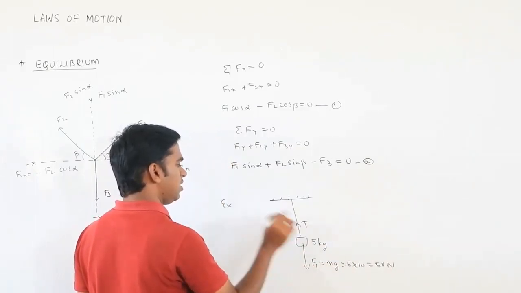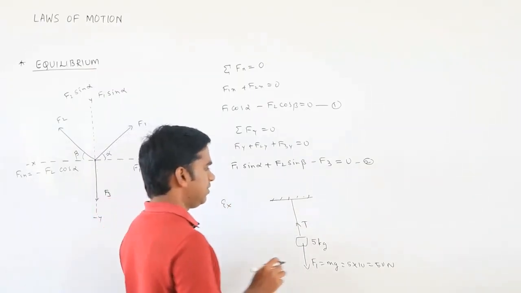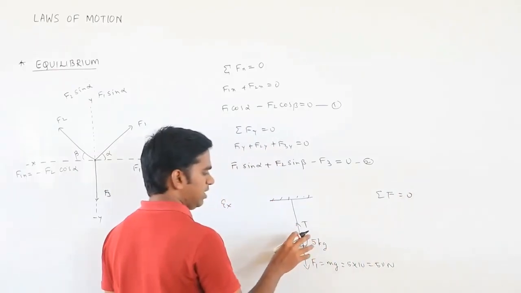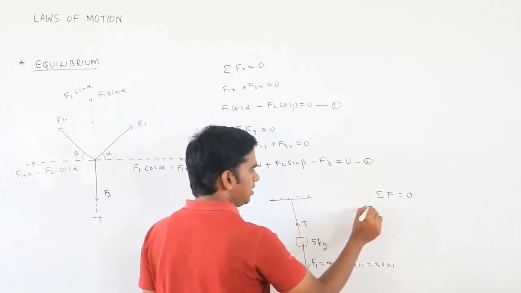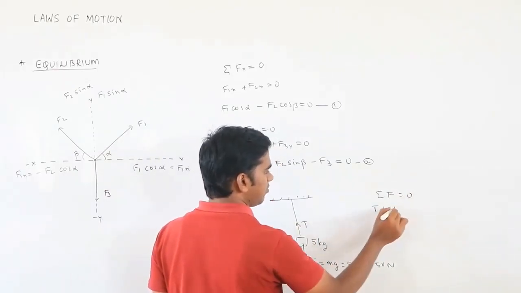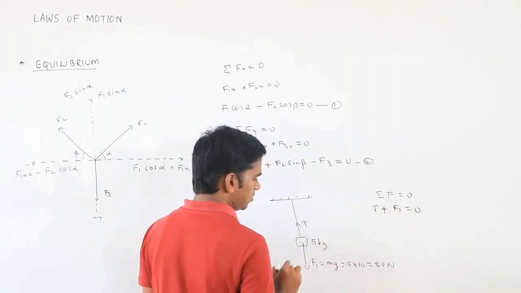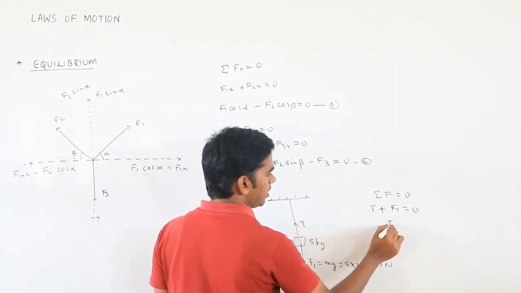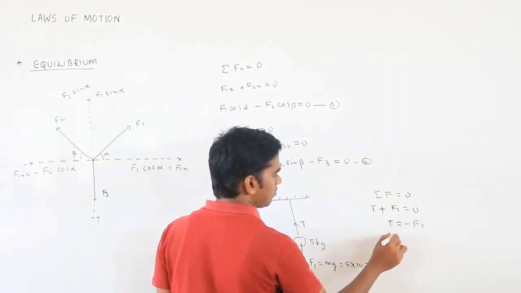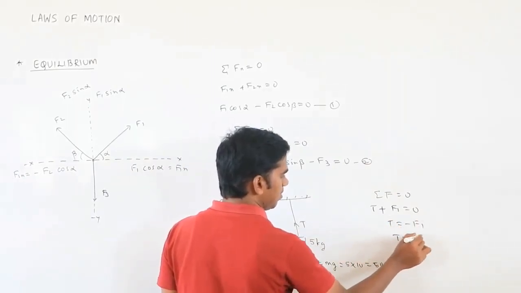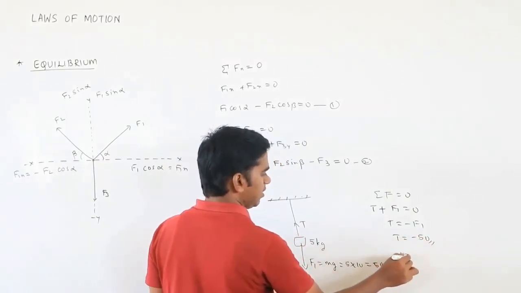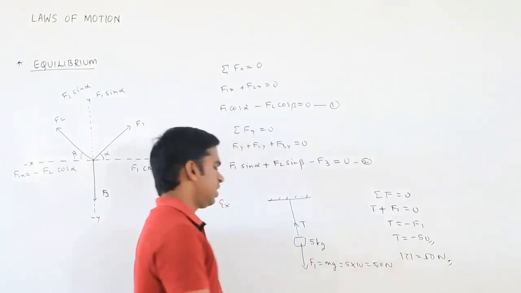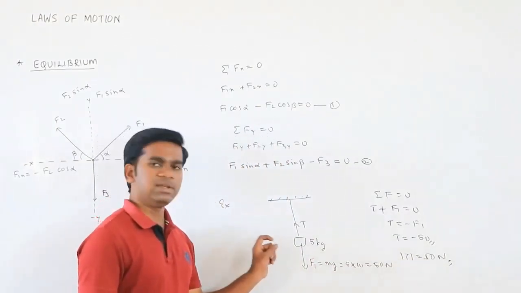Upward force is tension. If the sum of forces is 0, then it is said to be in equilibrium. The sum of forces is tension plus F1, which equals 0. So tension should be equal to negative of F1, that is minus 50, or the magnitude of tension should be 50 Newton. Then we can say that this is in equilibrium.